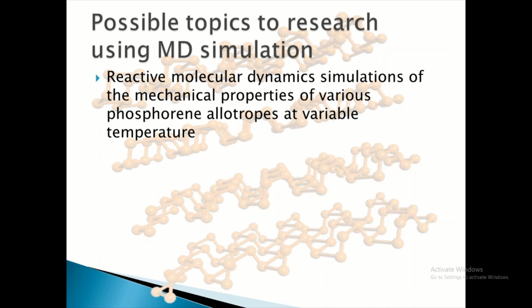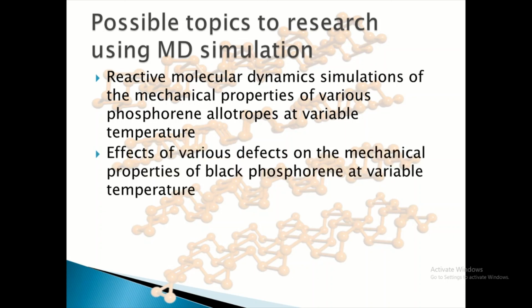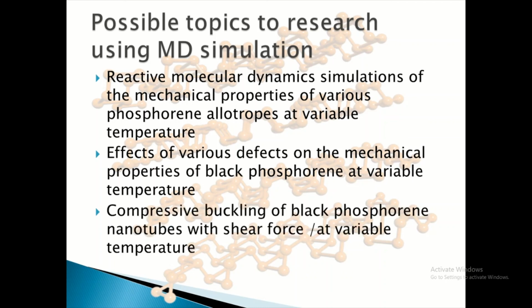First is reactive molecular dynamics simulation of the mechanical properties of various phosphorene allotropes at variable temperature, effect of various defects on the mechanical properties of black phosphorene at variable temperature, compressive buckling of black phosphorene nanotubes with shear force or at variable temperature, and etc. Such topics could be researched using molecular dynamics simulation.